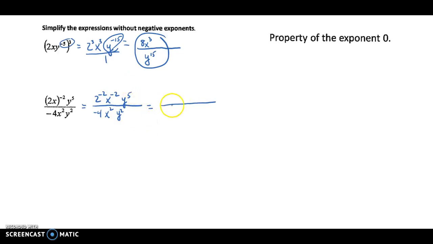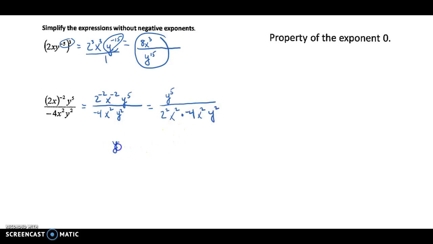It goes if the exponent is negative. So 2 to the second is going to come down because that's a negative exponent. X squared is going to come down because that's a negative exponent. Y to the 5th has a positive exponent, so it stays. Negative 4, remember, that exponent is positive. Although the number is negative, you don't move it, only with the negative exponent. X squared stays, y squared stays.